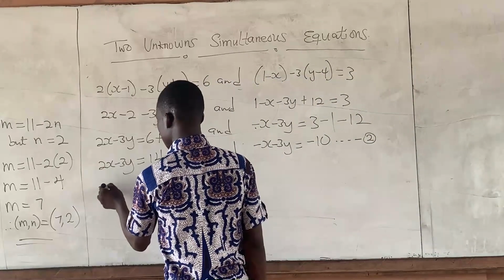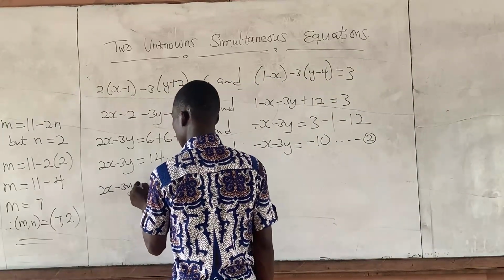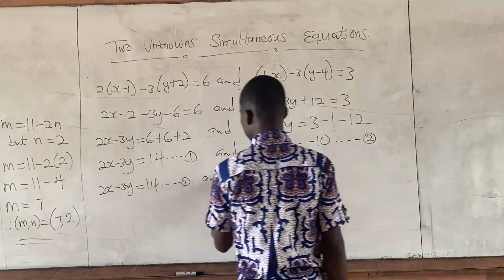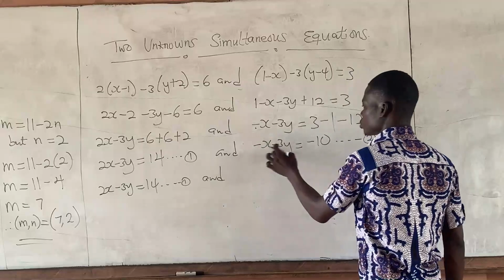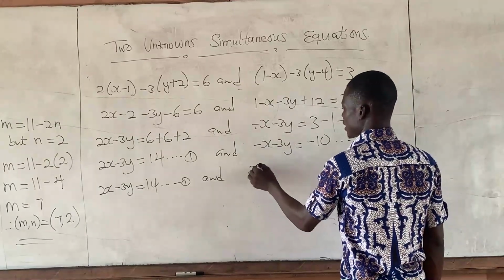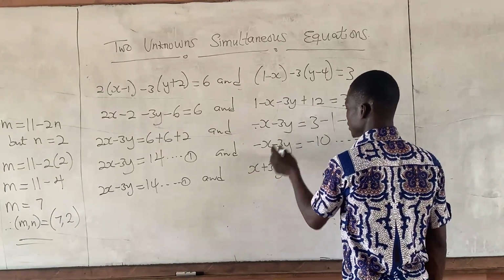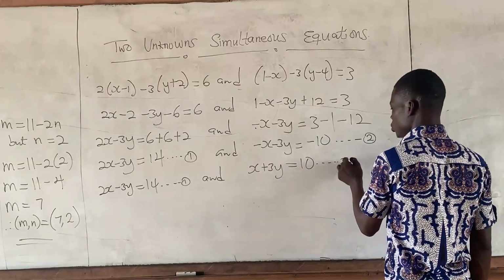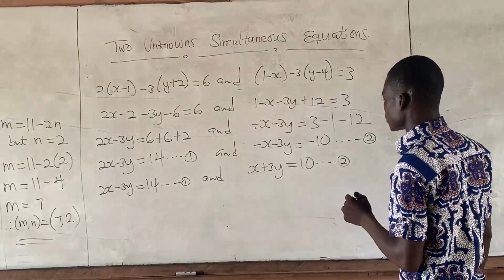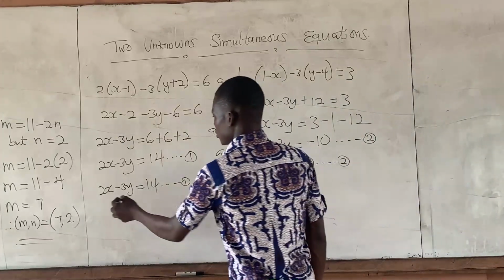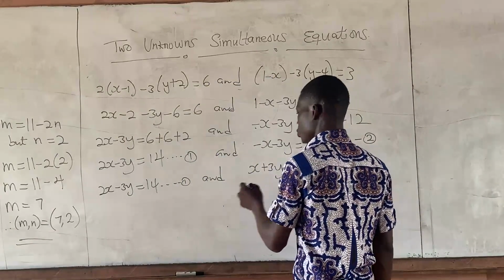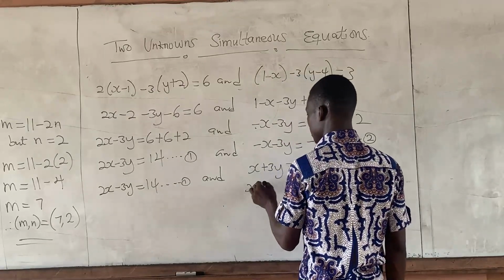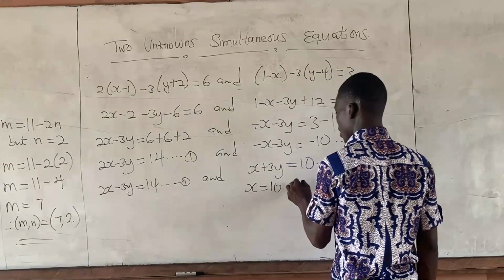So now let's move on. We have 2x minus 3y is equal to 14 as equation 1. And I'm sending these two terms to this side: we have x plus 3y, and send the 10 to the other side, positive 10, as equation 2. Now from equation 2, we have x is equal to 10 minus 3y.